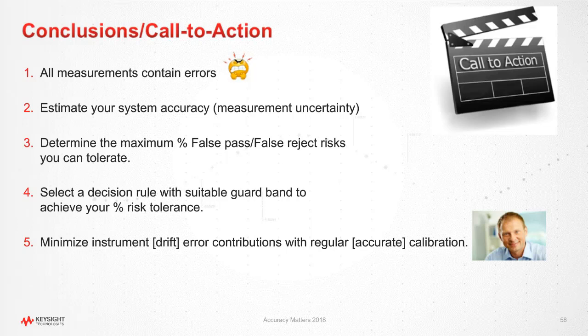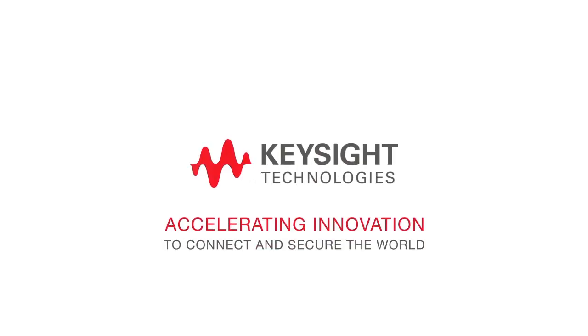Based on that, you can select a decision rule with appropriate guardband to achieve your % risk tolerance. And finally, as time goes on, make sure that when you send your instruments in for regular calibration, you're getting very accurate measurements from them, and that their test uncertainty ratios are really good too.